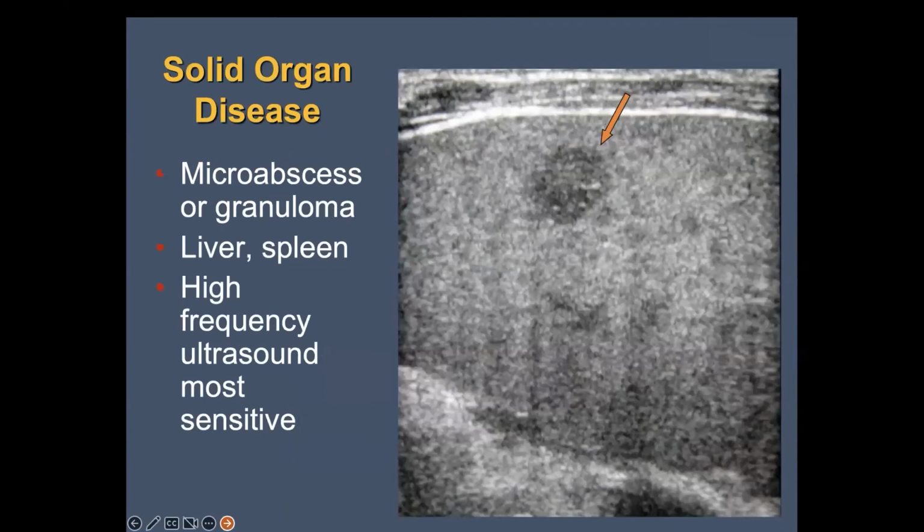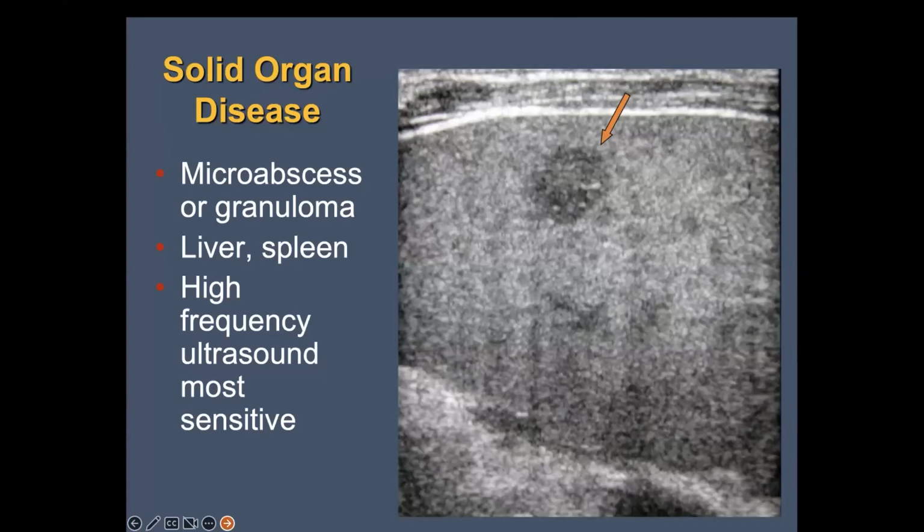The solid organ disease is usually small little either microabscesses or tiny granulomas that you'll see in the liver and in the spleen. They're well seen on ultrasound if you use a high frequency transducer, but often when we're doing ultrasound, we're using a lower frequency transducer so that we can penetrate more deeply into the abdomen and see broader areas in the abdomen.